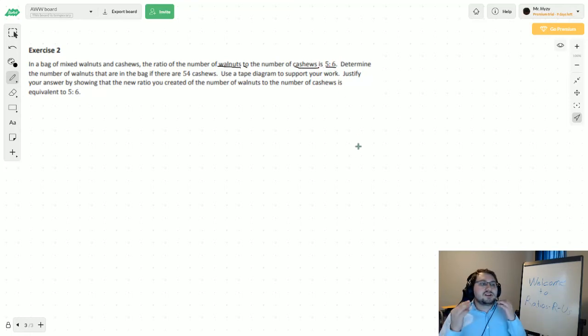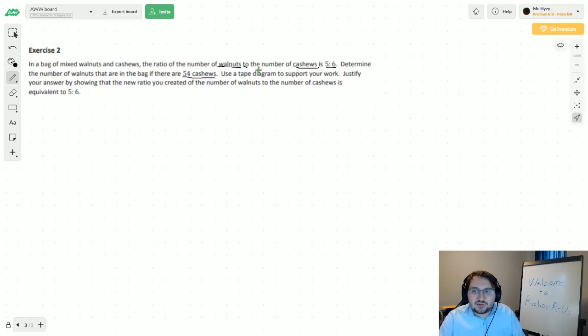So we know that the number of walnuts to cashews is 5 to 6. Determine the number of walnuts that are in a bag if there are 54 cashews.